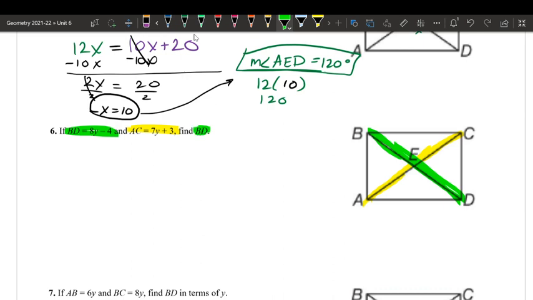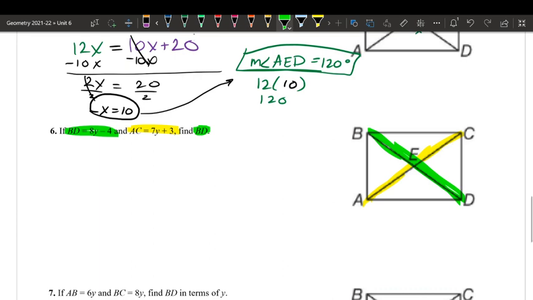What is the relationship of the two diagonals of a rectangle? They bisect each other. Yes, they bisect each other, but bisecting doesn't really help us solve this problem. It is true. The fact that they are congruent helps us solve this problem.